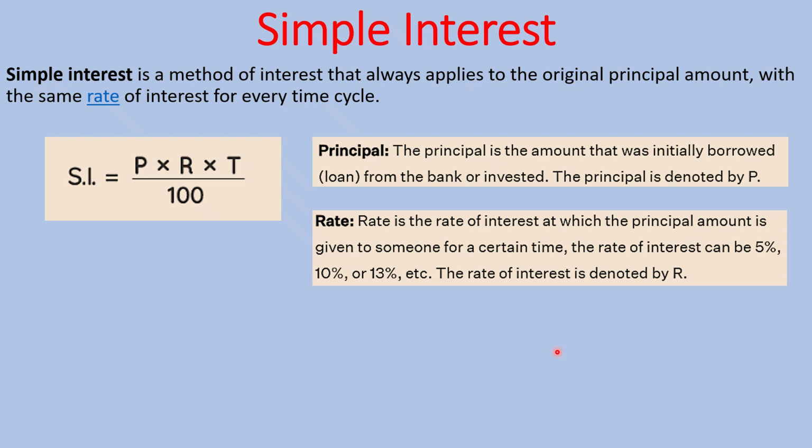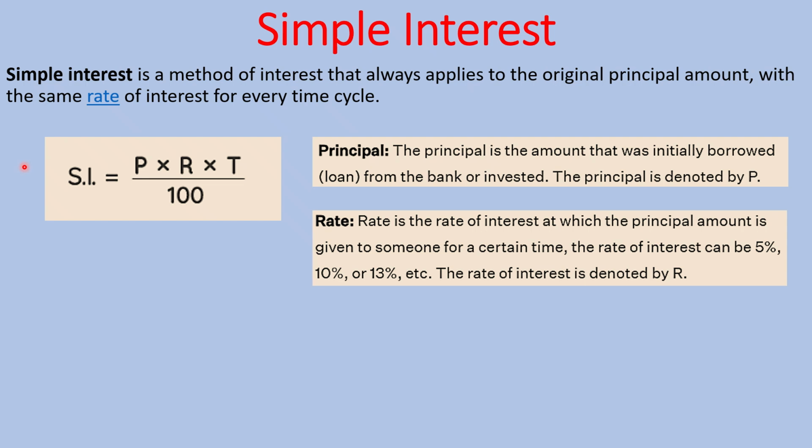Rate is the rate of interest at which the principal amount is given to someone for a certain period of time, and it can be 5%, 10%, depending on bank to bank or person to person. We denote this by R. And this T is the time period, for how long you are borrowing an amount from someone.